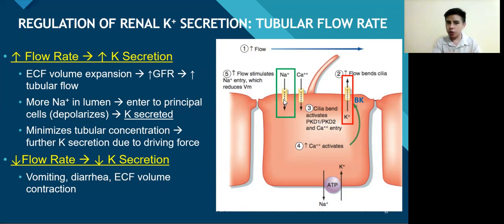ECF volume, di ba? ECF volume expansion will enhance sodium excretion, water excretion, and potassium secretion also. So in short, wherever sodium goes, water will follow, and the rest of the electrolytes will follow. Mamaya mapapansin yan when we talk about calcium, phosphorus, and your magnesium.